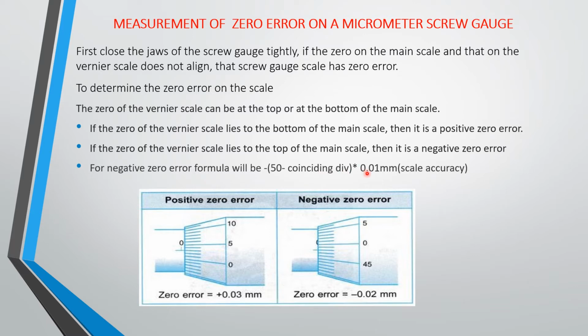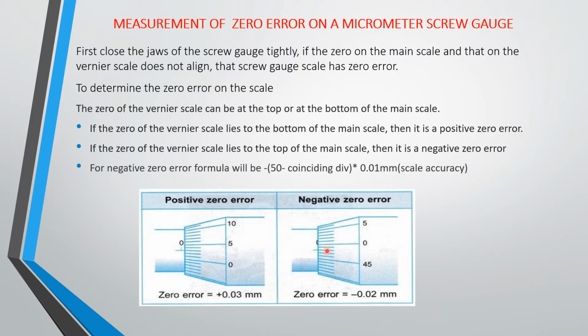Multiply the 2 by 0.01, I will have 0.02 millimeters negative. So either you count from the 0 down or subtract your reading from 50 and multiply by the accuracy of the scale, you will have your negative zero error. That is how to calculate the zero error for a micrometer screw gauge.